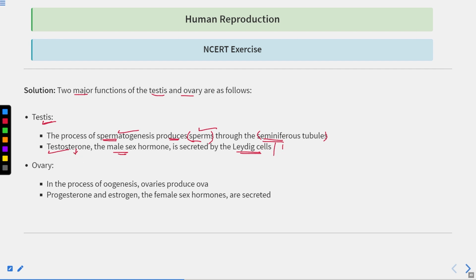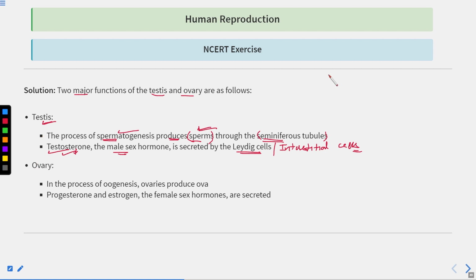Leydig cells are also known as interstitial cells. Clear? So you can see the primary sex organ is involved in the production of gametes as well as the secretion and production of hormones. Clear? So the primary sex organs also act as an endocrine gland.